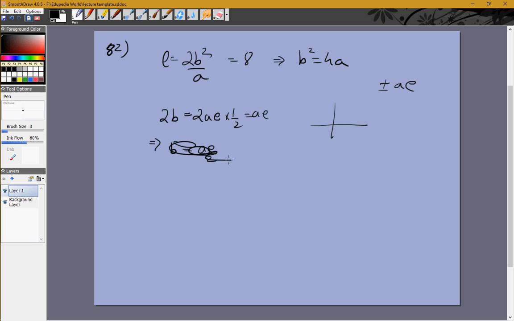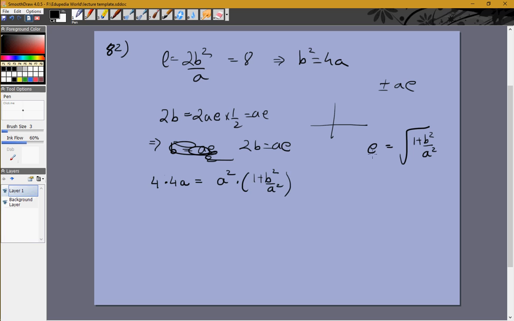Let's just write 2B is equal to AE, and we also know that E is equal to root of 1 plus B square by A squared. So we can square this. What we'll get is 4 times B squared, and B squared can be written as 4A. So 4 times 4A is equal to A squared times E squared. E squared can be written as 1 plus B squared by A squared.